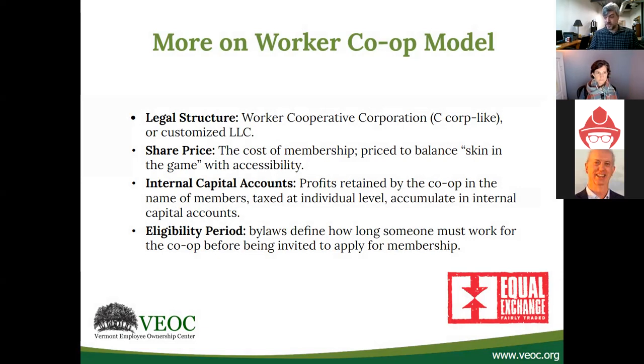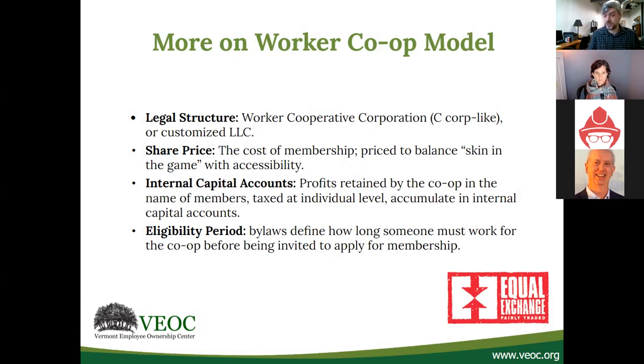It doesn't go up or down. So with the ESOP, every year you do a valuation and the share price changes accordingly. With a worker co-op, it's more a question of balancing enough to be real skin in the game, so people are not treating it lightly, right? They've made a real investment in the company, but not so much that it's inaccessible to folks who are on the lower end of the wage scale early in their career and don't have a lot of cash.